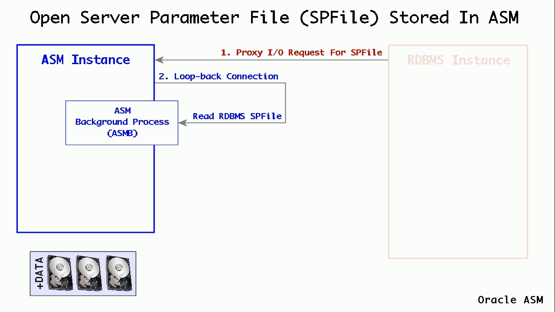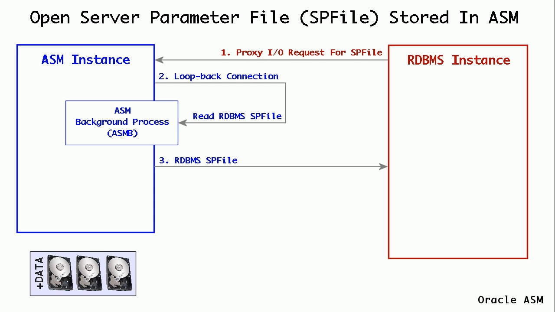ASM instance reads the required database server parameter file. Contents of database server parameter file are sent back to database instance startup process. Now, database instance can allocate system global area.